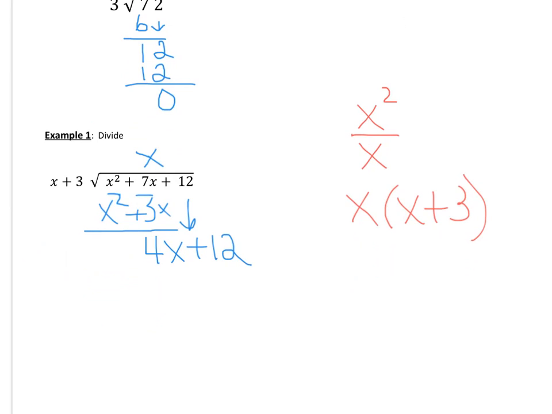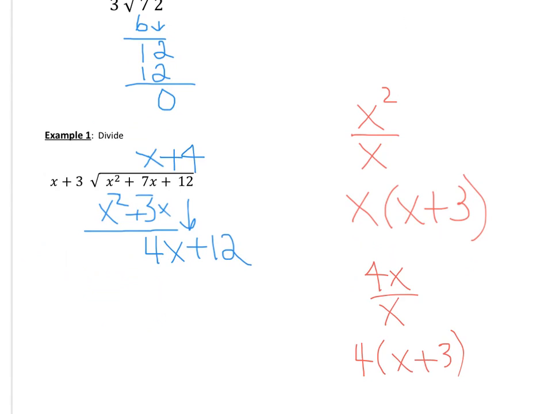So now we're going to take 4x divided by x. I'll just write that on the side for the last time so you can visualize that. 4x divided by x is positive 4. Now we're going to multiply the 4 times the divisor, x plus 3.